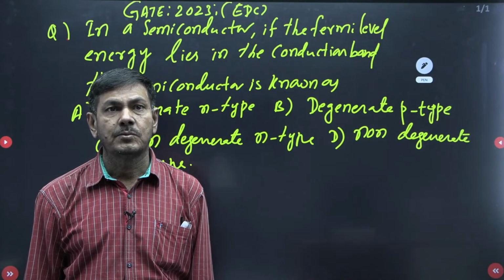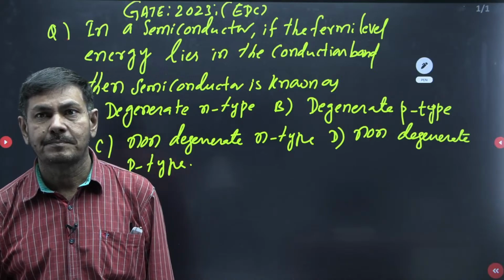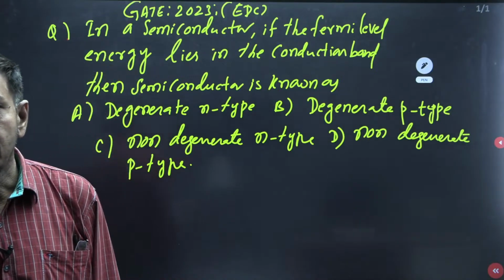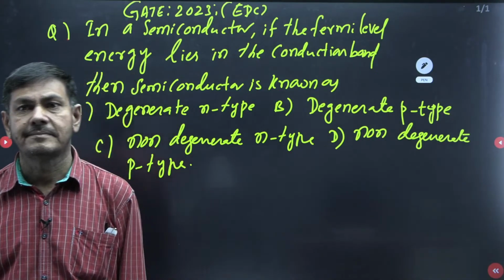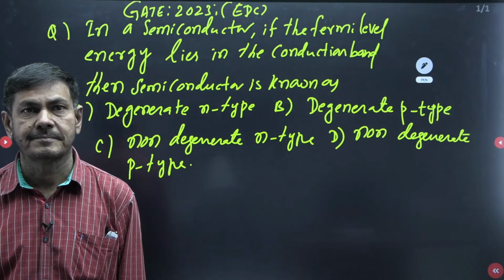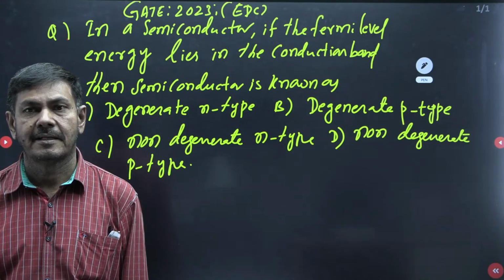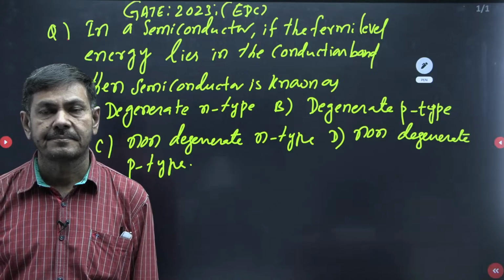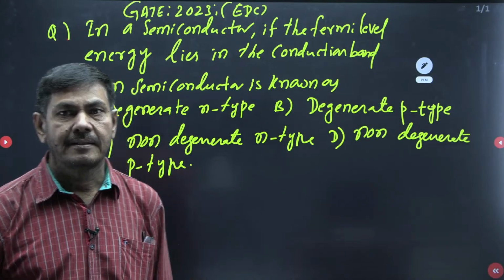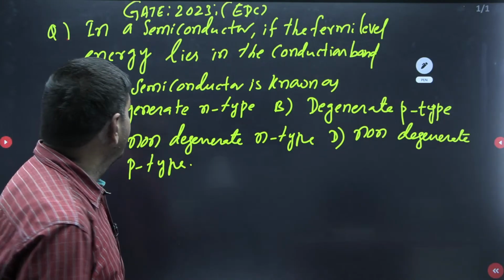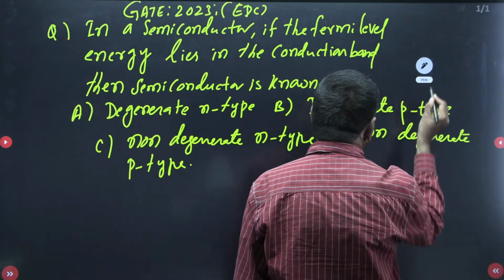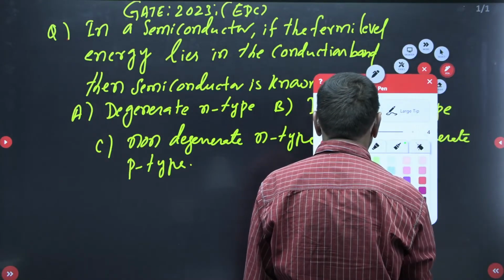Can anybody give the answer without my help? Initially, I want to get the answer from your side. If I get it, very happy. Anybody? Yes. In the problem, what is given, you please watch. I will explain clearly. You will get an idea.